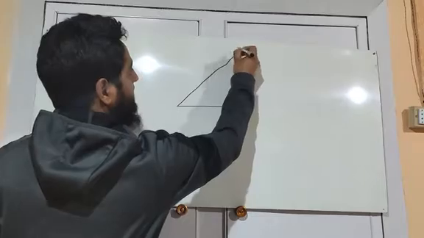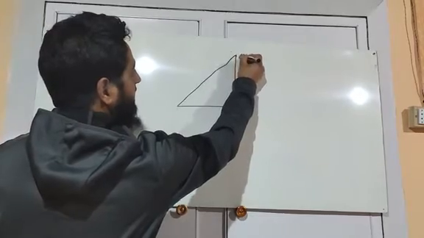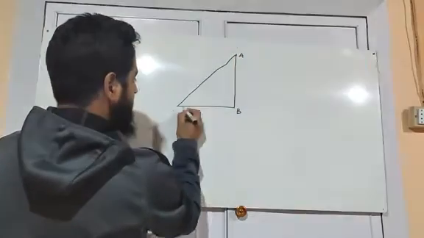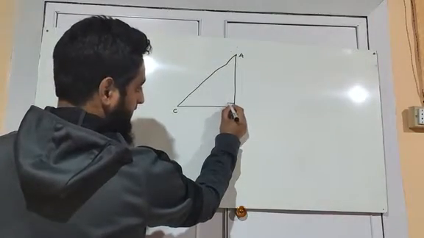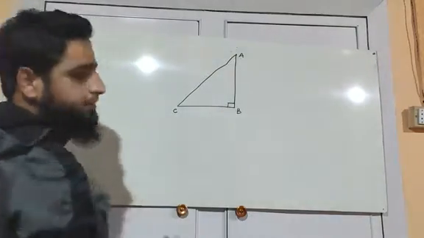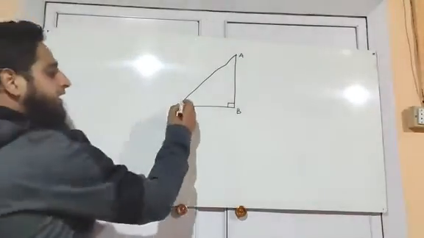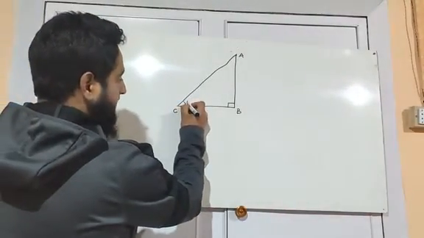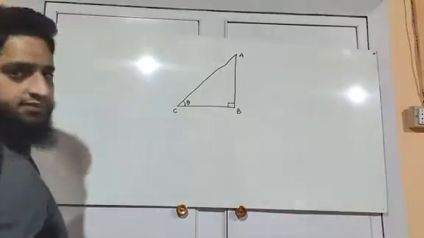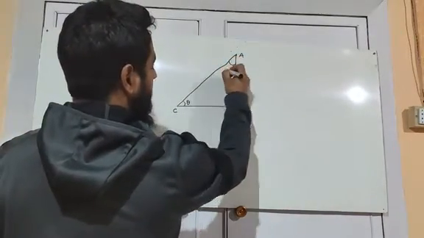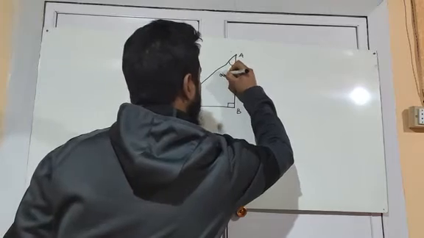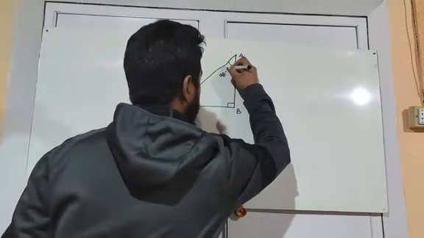If we consider a right angle triangle ABC, clearly right angled at B, consider this angle as theta, and obviously this is 90 minus theta.